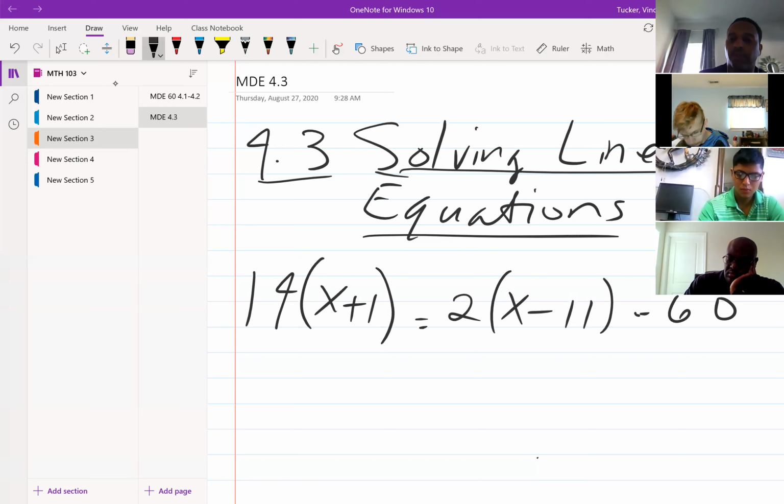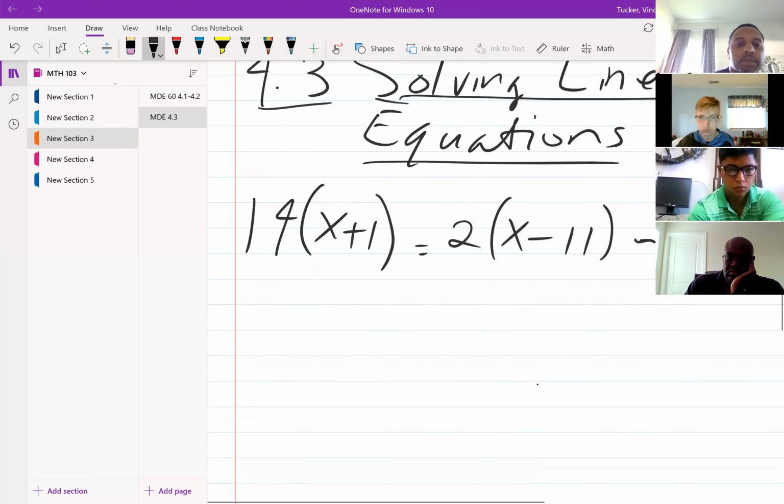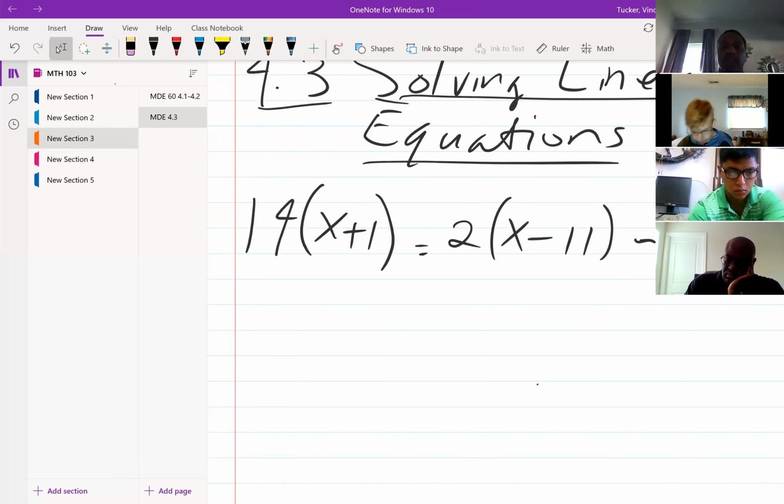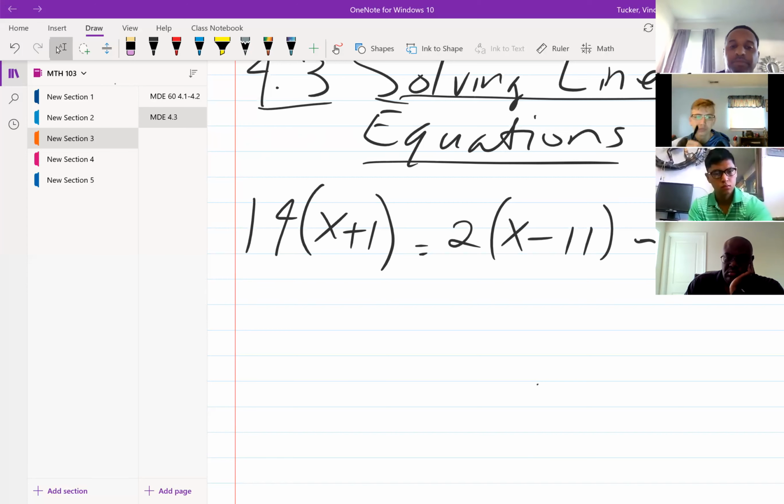All right, so 4.3, once again, is just a re-emphasis of 4.1, 4.2. Just taking what you learned in 4.1, 4.2 and bringing it all together, maybe adding a few more steps. So we have 14 times the quantity of x plus 1 equal to 2 times the quantity of x minus 11 minus 60.